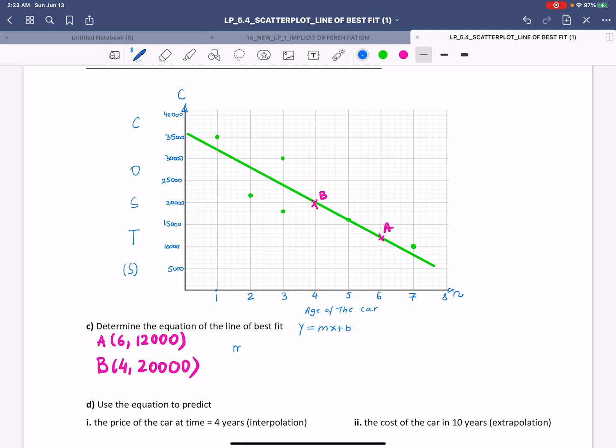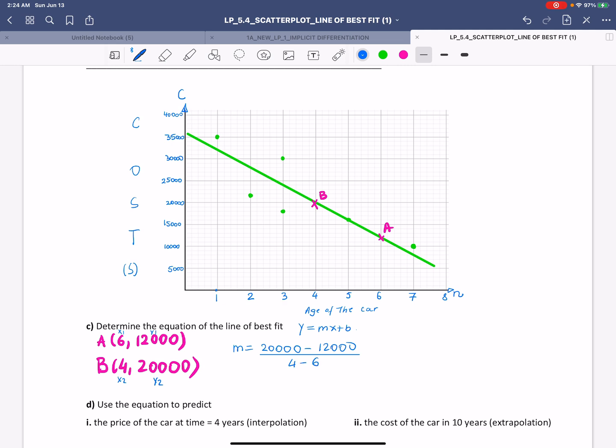So we go slope equals (y2 minus y1) over (x2 minus x1), and we'll say that we have 20,000 minus 12,000 divided by 4 minus 6.